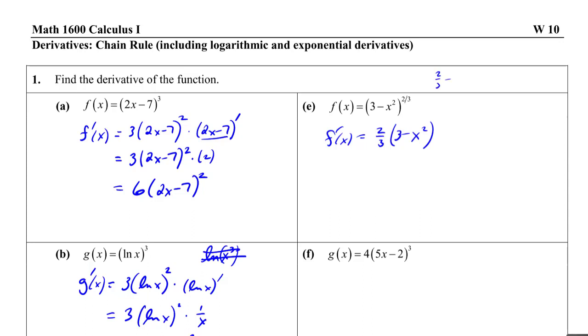So that's 2/3 minus 3/3, that's minus 1/3. Times the derivative of 3 minus x squared, which is minus 2x. And so I'd get minus 4/3 x times (3 minus x squared) to the minus 1/3.